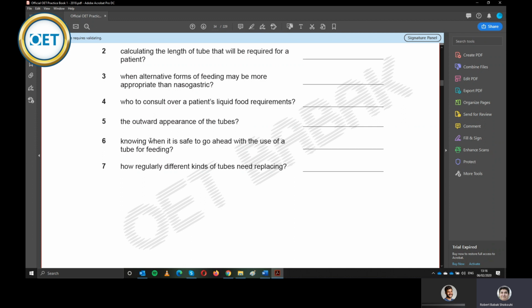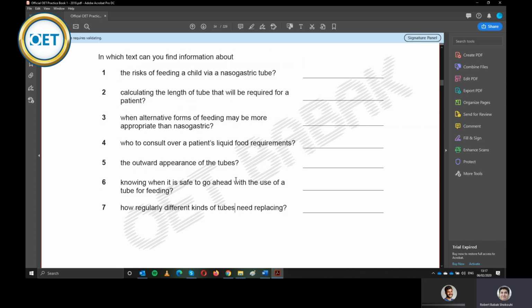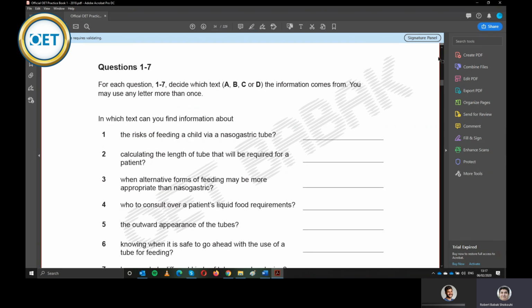Safe, when it is safe. This is the procedure. Or actually the flow chart. Yes, it's C. And how regularly different kinds of tubes need replacing. Okay. We didn't see that. Okay. Now we can go and check. So risks of feeding. Okay, let's go look.